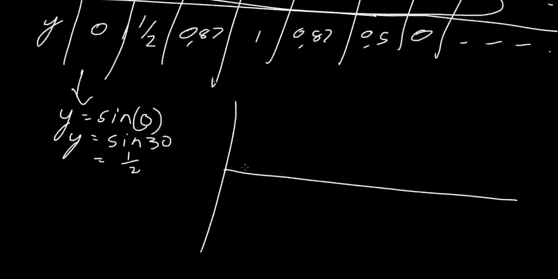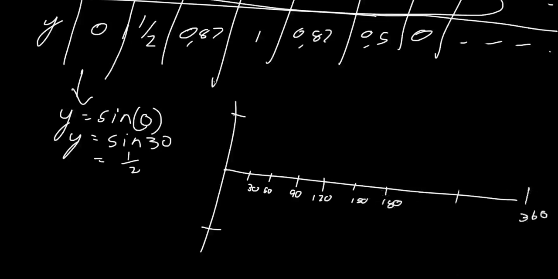Okay? So what we've got, remember to label your axis properly: 30, 60, 90, 120, 150, 180, and so on, to 360.